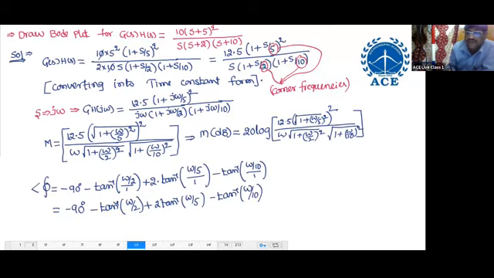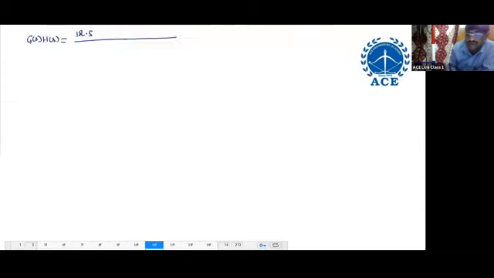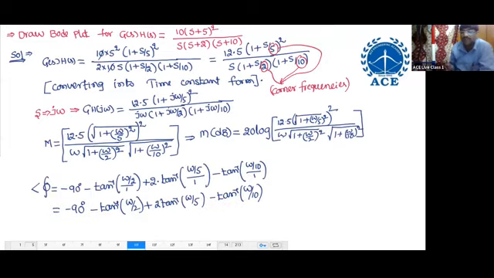So G(s)H(s) in time constant form is 12.5 into (1 + s/5) whole squared, divided by s into (1 + s/2) into (1 + s/10).